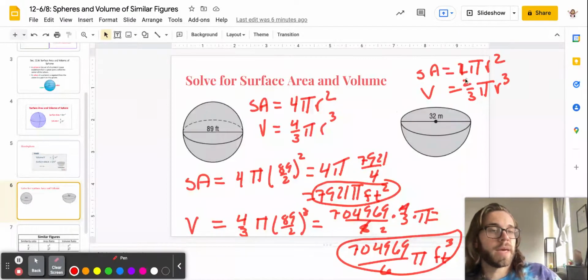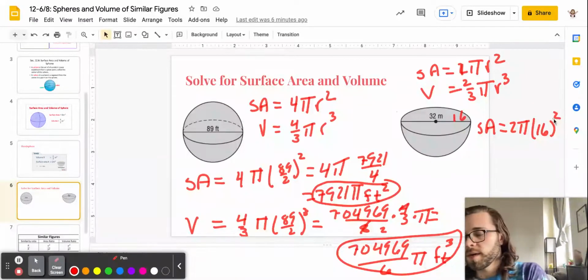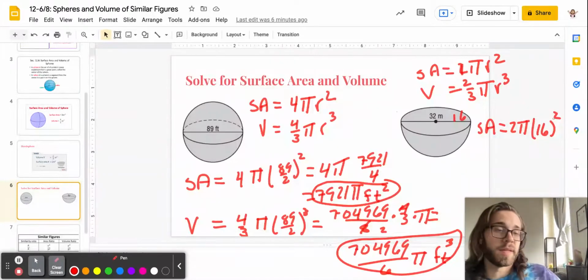Now, over here we have the hemisphere. So let's start with surface area. So 2 pi r squared. Remember, the radius would be 16, so half of it. So 16 squared, and don't forget, 16 squared is 256. That is a common one.